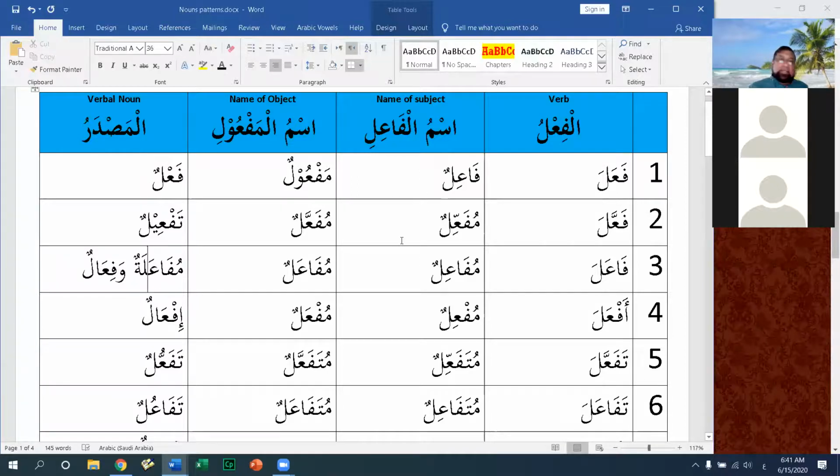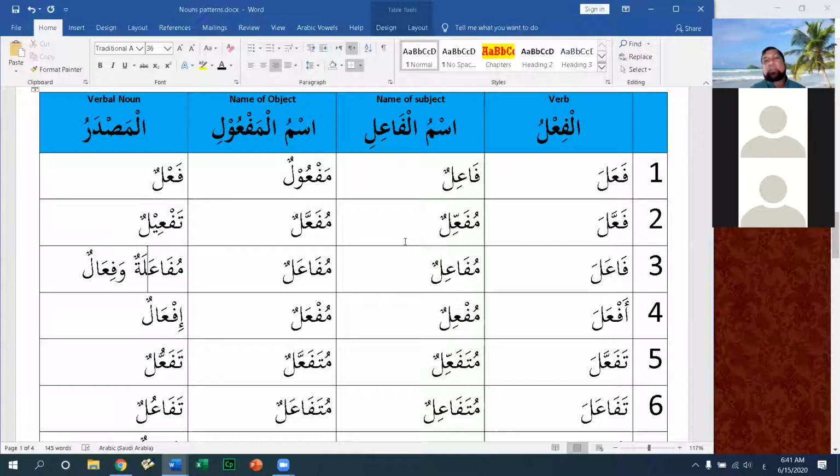The objective of this lesson is to try to memorize it if you can. I think it's an excellent lesson to memorize. It makes you understand the structure of the Arabic language. But it is by usage that it's going to register.